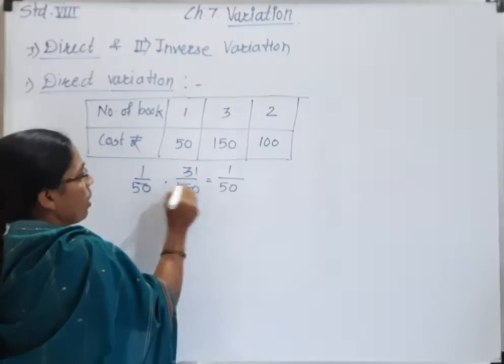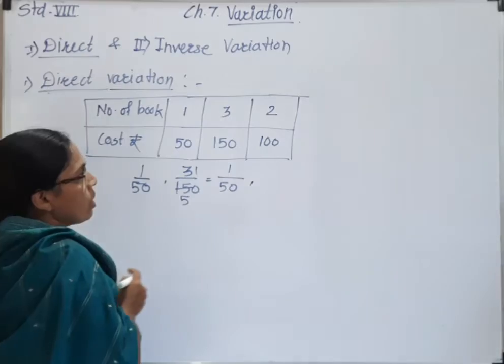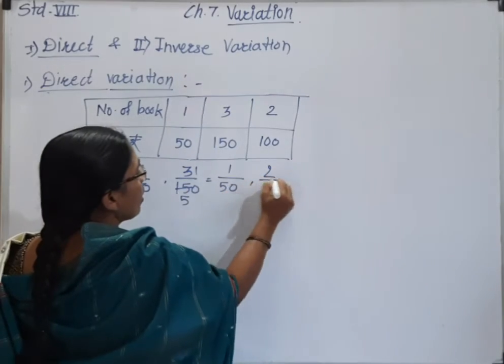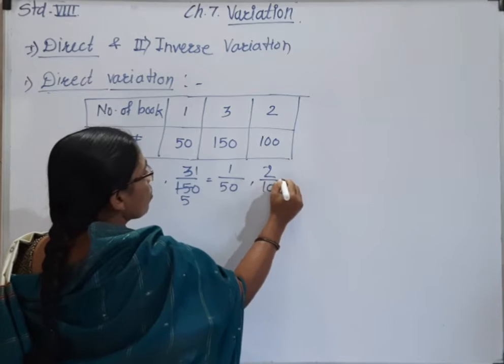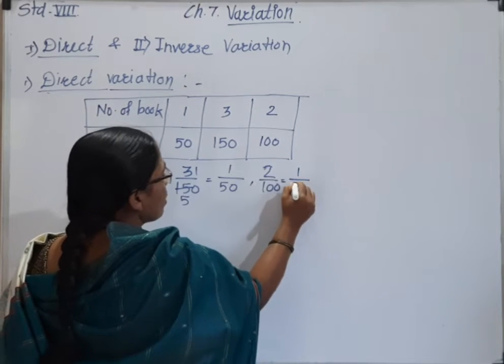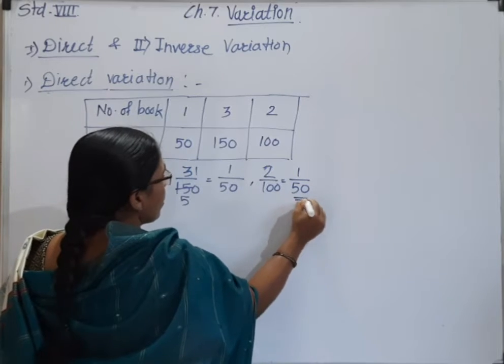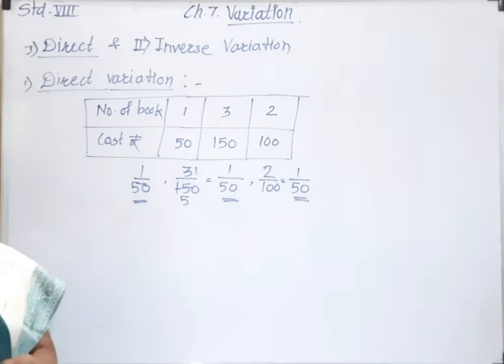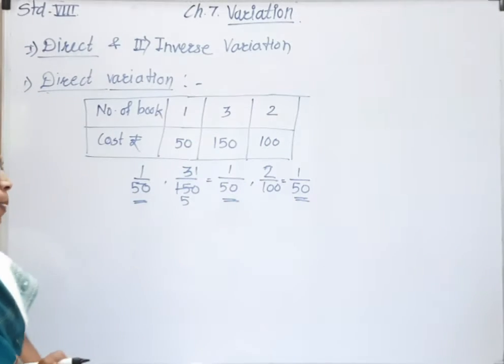This ratio is constant. And here 2/100, in the lowest form, is 1/50 only. So in direct variation, the ratio of both quantities remains constant.